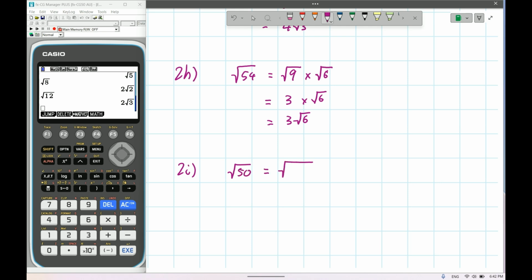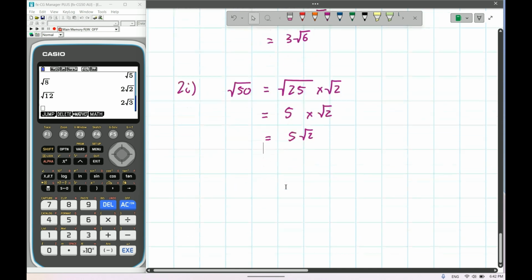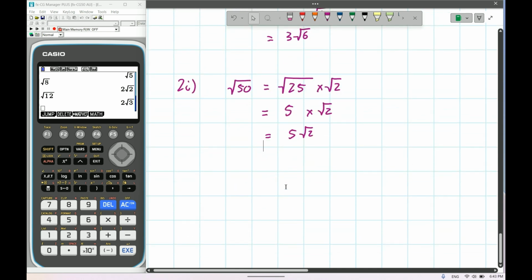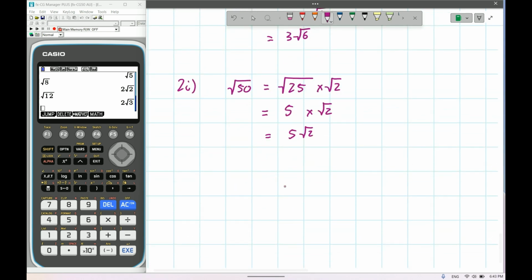Okay, so this one's a little bit more convenient. That's root 25 times root 2, 5 times root 2, so that becomes 5 root 2. All right, cool. So 2i done, now we're looking at 2j.